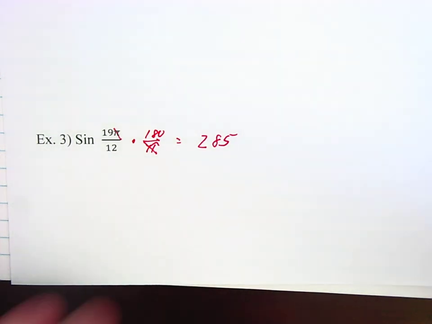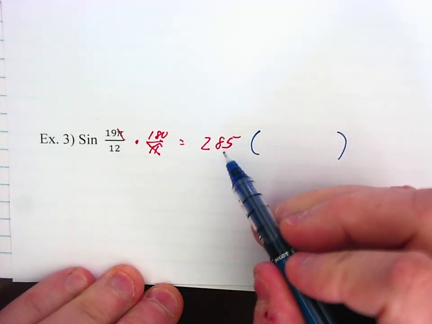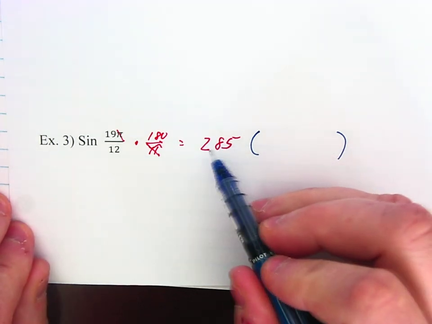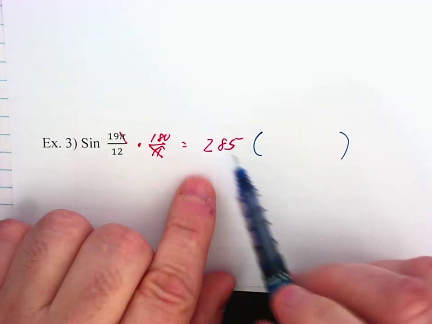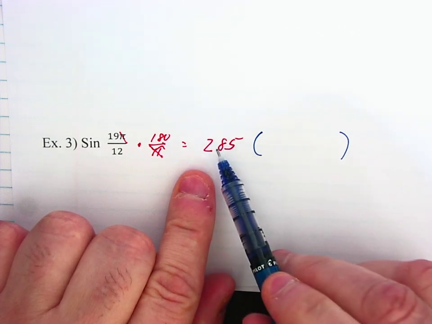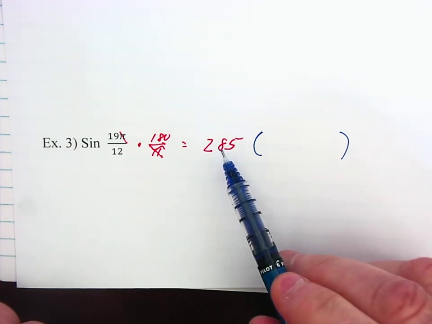So here's what I do normally. When I'm trying to find the two angles, I'm going to take this angle and add and subtract quadrant 1 angles to see if I get something. For example, if I took this and subtracted 30 from it, that gives me 255. Well, 255 isn't on your unit circle, so that wouldn't be an option.